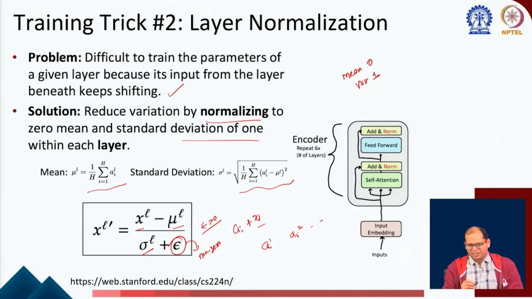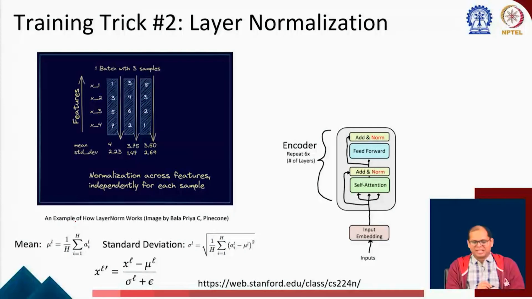So by subtracting the mean and dividing by standard deviation, you ensure that this becomes 0 mean and 1 standard deviation. Just to give you an example.